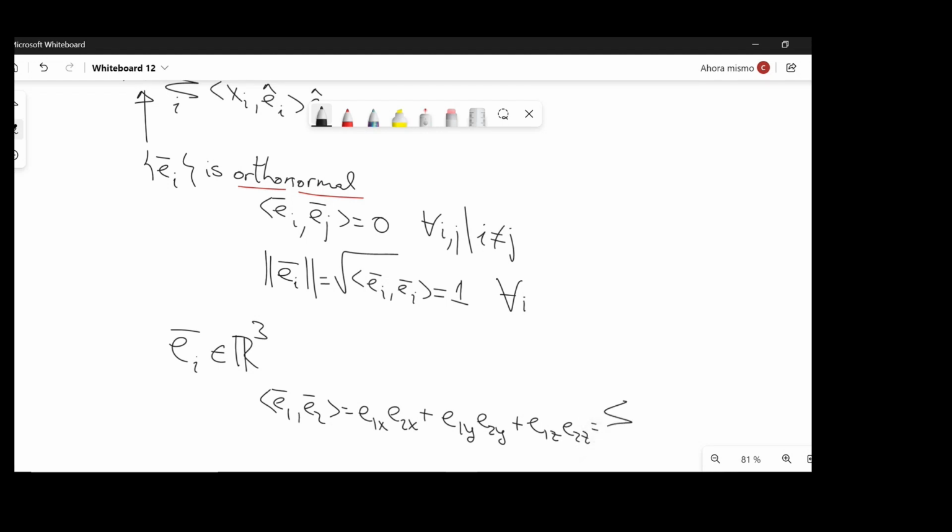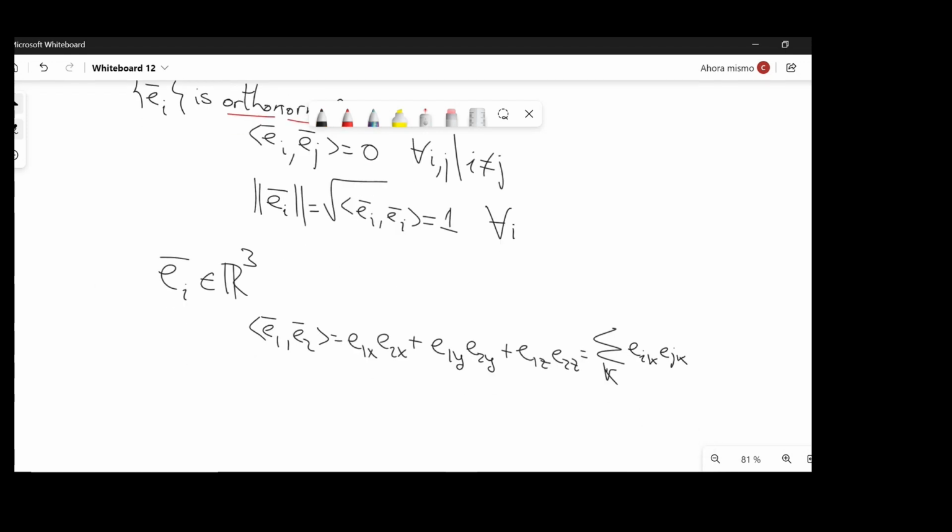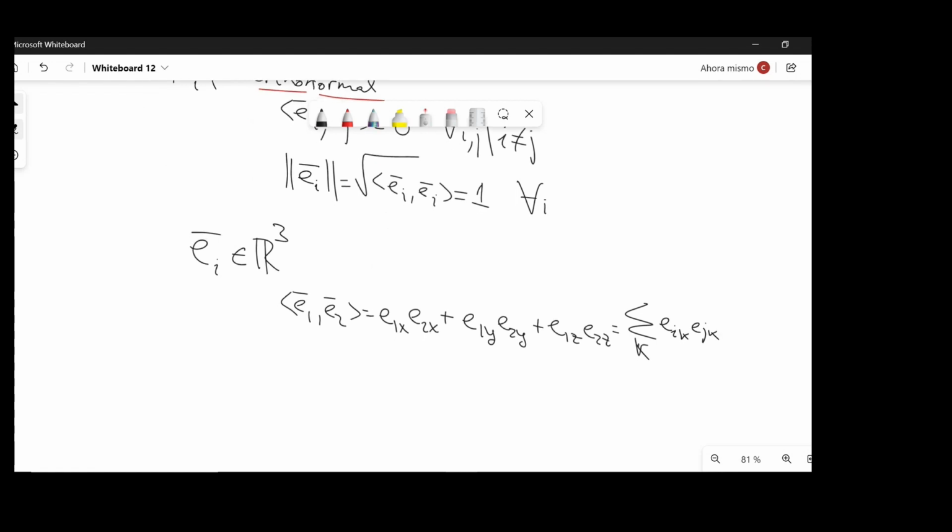In general, this is the sum over all components k of the vector of Eik times Ejk, if my vectors are real.